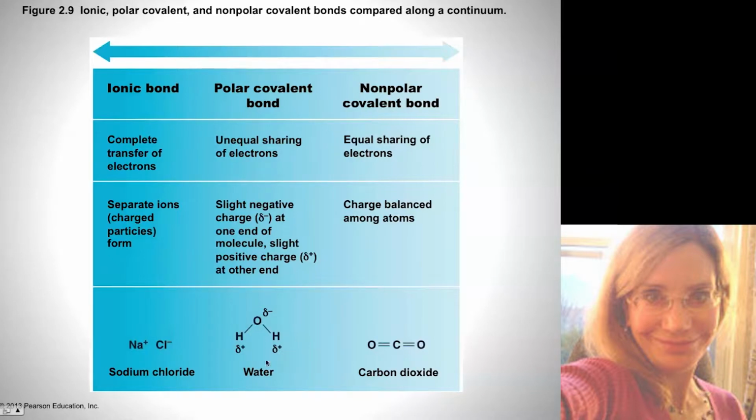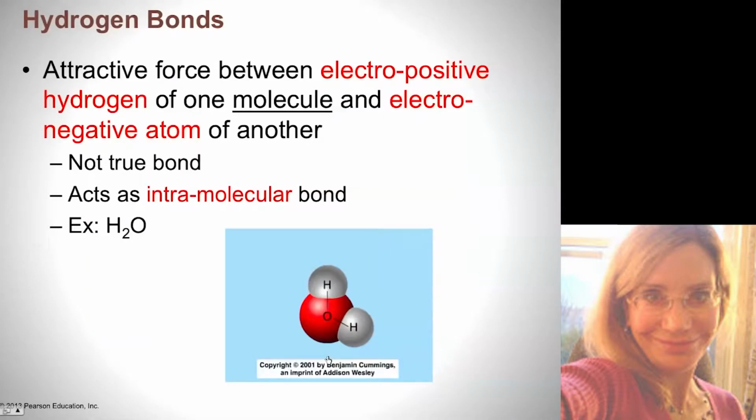And the example is the water molecule, where you have an oxygen atom over here that has a slight negative charge, and then by the hydrogen atoms there will be a slight positive charge because the electrons are shared unequally. They actually spend a lot more time over toward this oxygen atom, and that is a very important type of bond. There's one more type of chemical bond that we need to discuss.